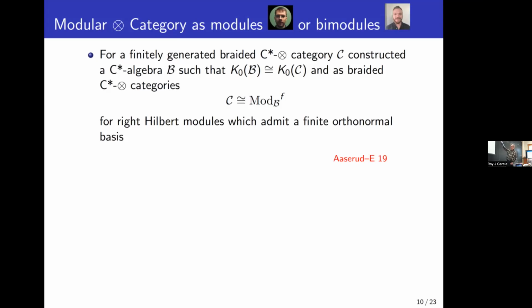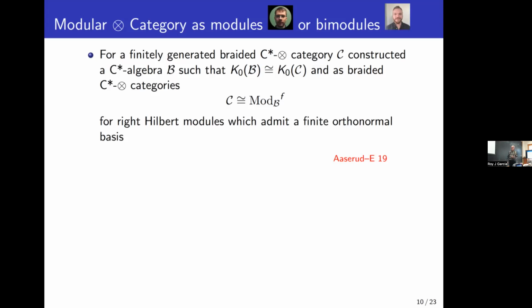construct C-star algebras such that when you took these modules, you recovered the tensor category. So in other words, you categorify the fusion ring that you start with.